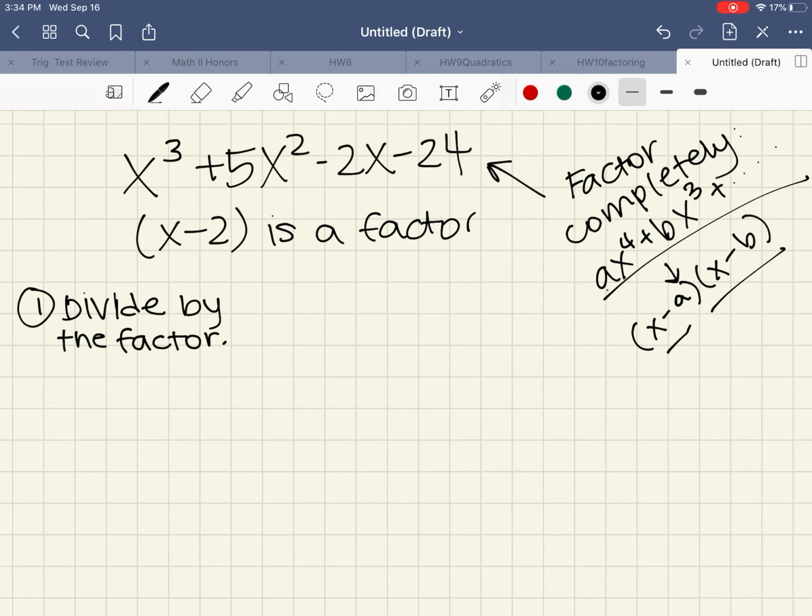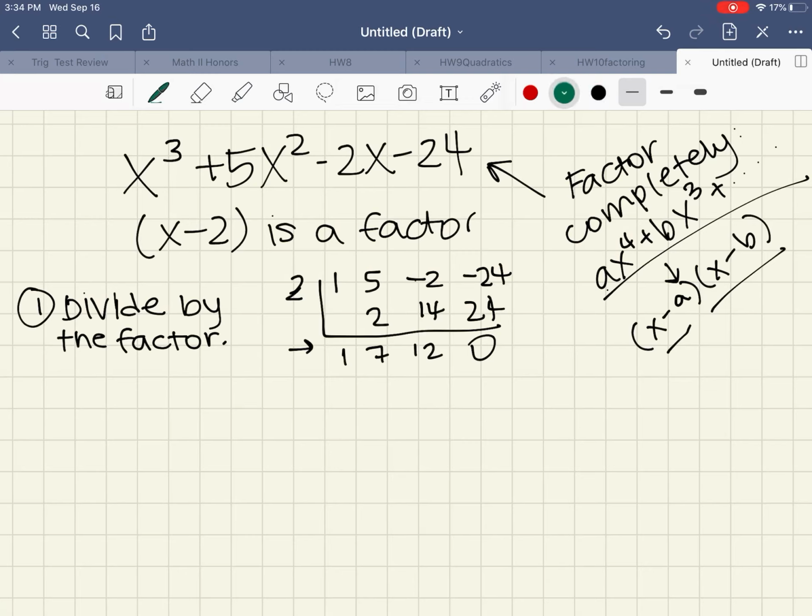If I divide x cubed plus 5x squared minus 2x minus 24 by x minus 2, I can just use synthetic division to find whatever's on the bottom. So I would do 1, 5, negative 2, negative 24. My pen's not working. And then just complete everything. So that would be 2, 14, 24, and 0. Okay, so our remainder is 0.